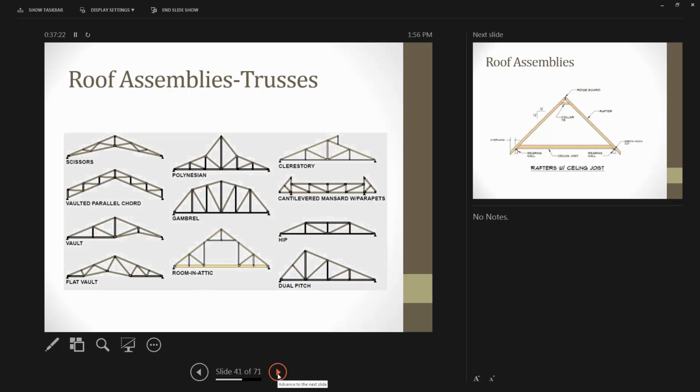When we talk about trusses, one of the things that becomes an issue, I don't have the slides in here, but we'll talk about it a little bit more in the thermal envelope. Trusses have evolved significantly in the residential world just in the last 10 years because we started adding increased insulation.